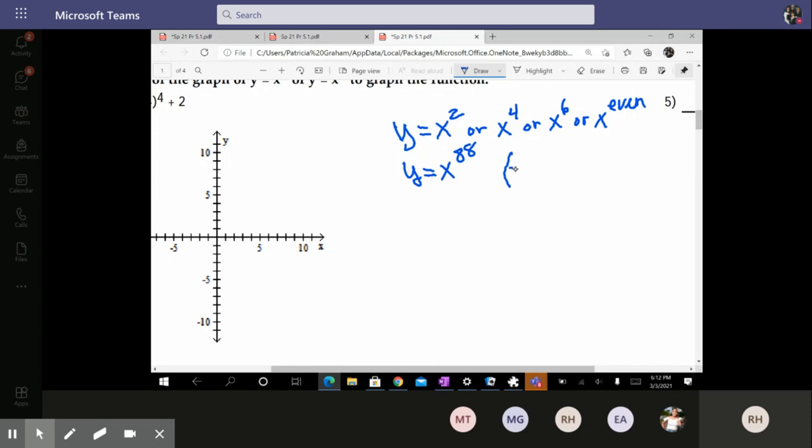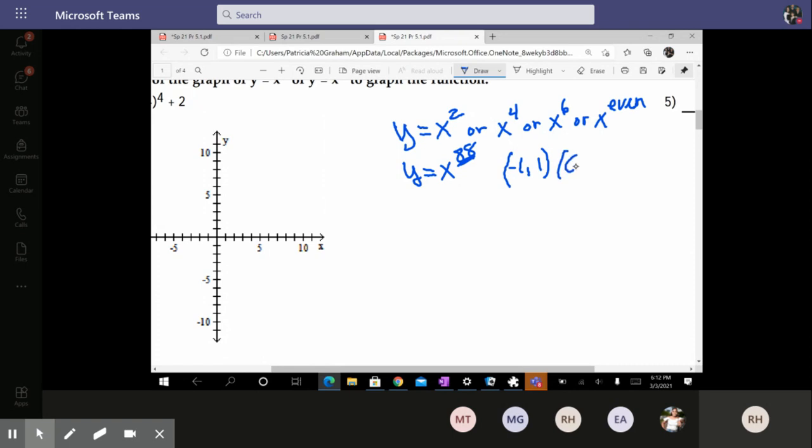We're going to have negative 1, 1. Because no matter how many times I multiply by 1, I never get off the 1, do I? 1 times 1 is 1, times 1 is 1, times 1 is 1. I mean, I'm never getting off the 1, am I? And if I have an even exponent, when I square a negative 1, it always comes out positive, doesn't it?